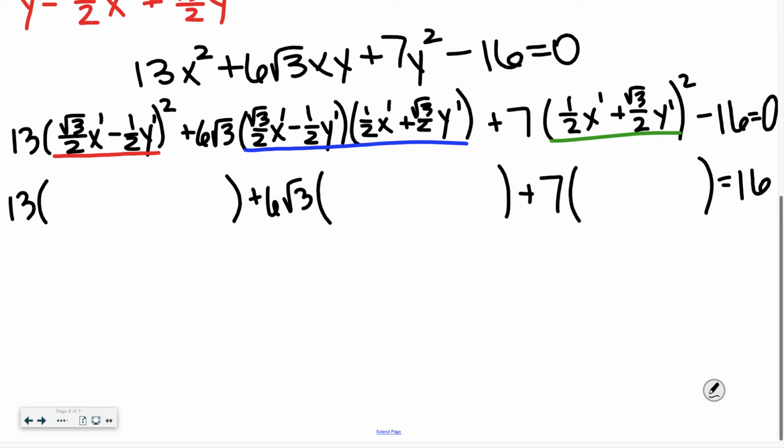But you got to FOIL. And when you're done with filling in those 3 blanks, stop. I don't want you to keep going if you have a mistake.